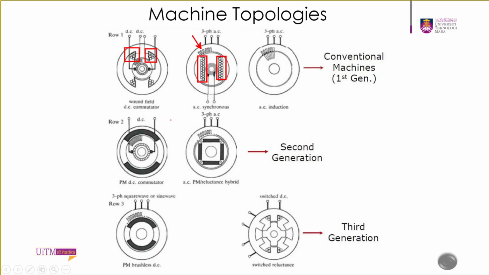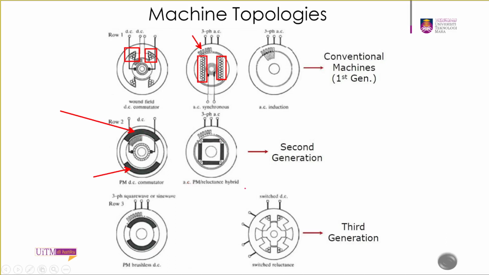And when we talk about the second generation, we move into the permanent magnet. So this is the permanent magnet. We replace all the rotor. We don't use electric winding to create the rotational magnetic field, but we use the DC, the permanent magnets, stick on the stator, and that is known as a second generation.